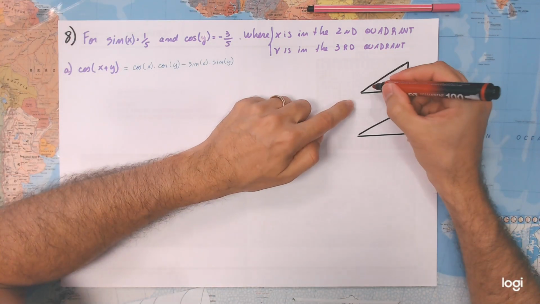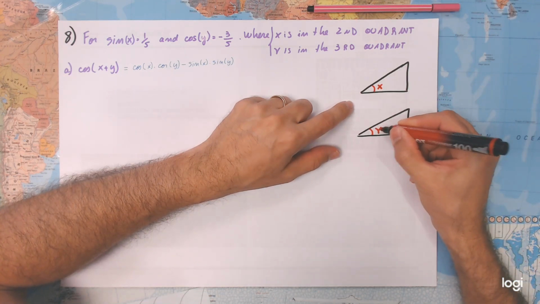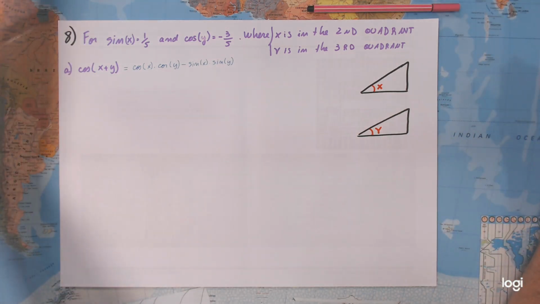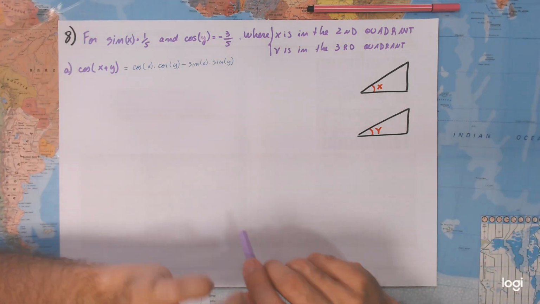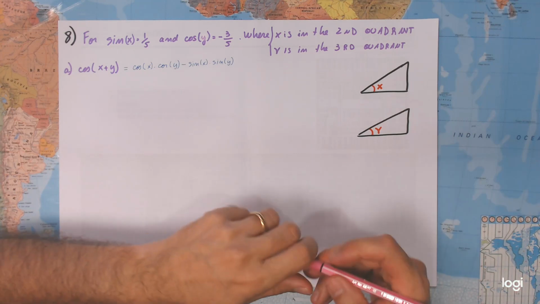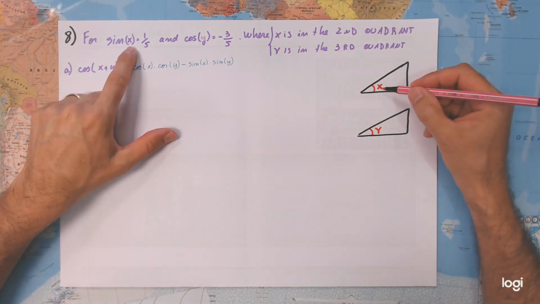So this is going to be x and this is going to be y. Let's take maybe this color in here, or maybe this one.